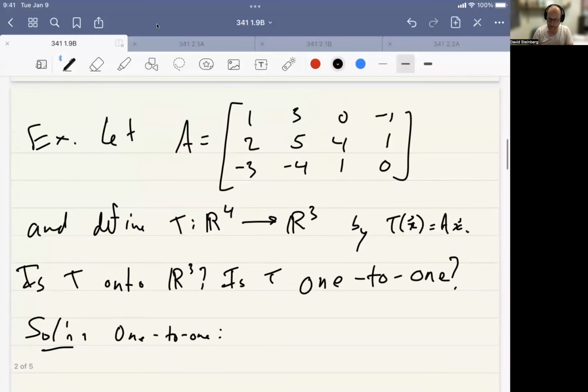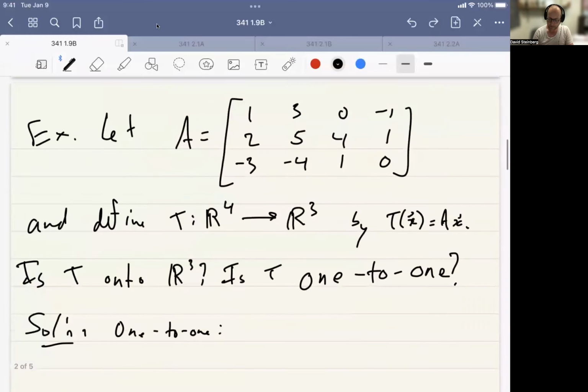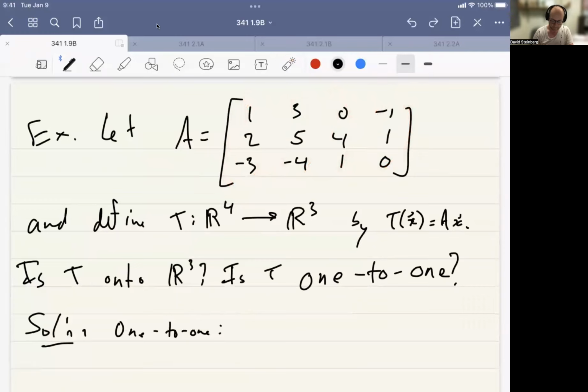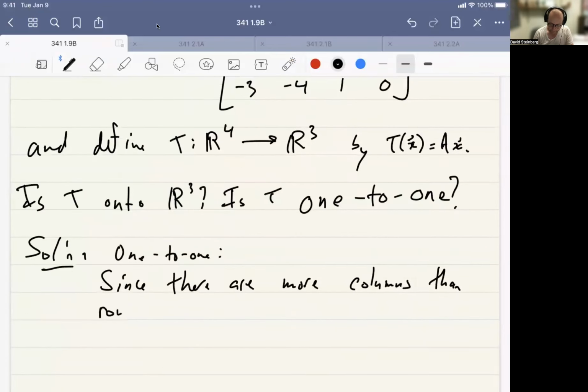And we notice that there are more columns than rows. So we know that in particular, our columns have to be linearly dependent. Since there are more columns than rows, the columns must be linearly dependent.